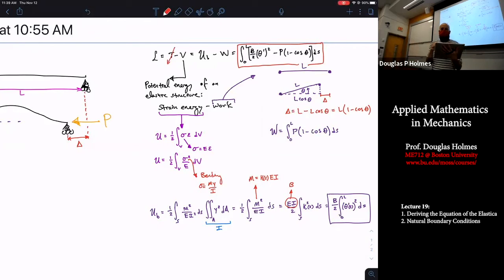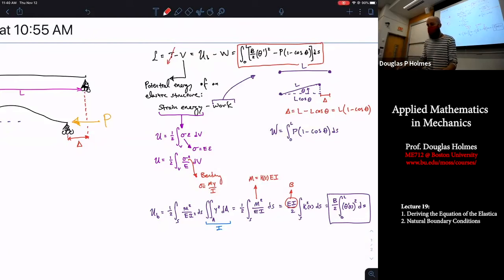So add an epsilon eta or an epsilon theta squiggle, or however you want to do it, and epsilon theta or eta prime to your theta prime, and then carry out this integration by parts, arrive at the first variation in the total potential energy. And you should be able to identify both the governing equation and some of the natural boundary conditions on this structure.